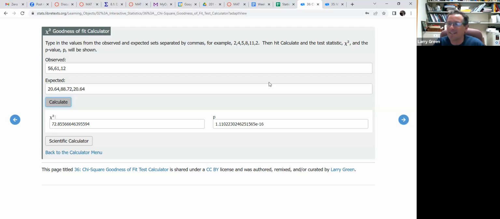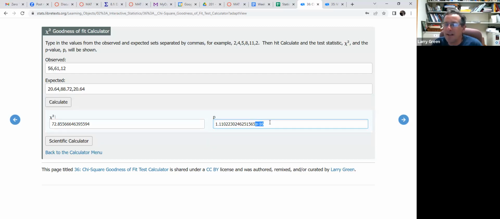What are you missing? You just got to move your eyes to the right spot. Can you see? Yeah, this E negative 16.